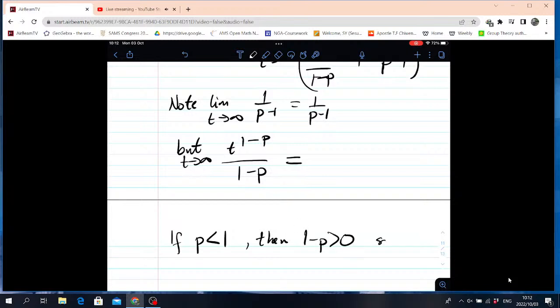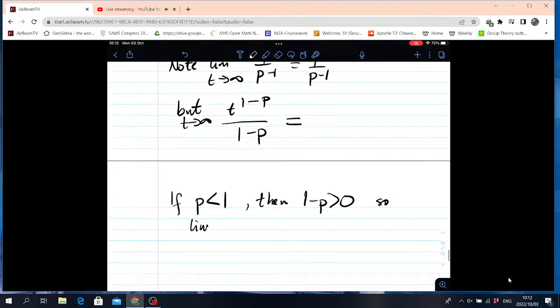So t going to infinity to the power of some positive value will give us infinity.